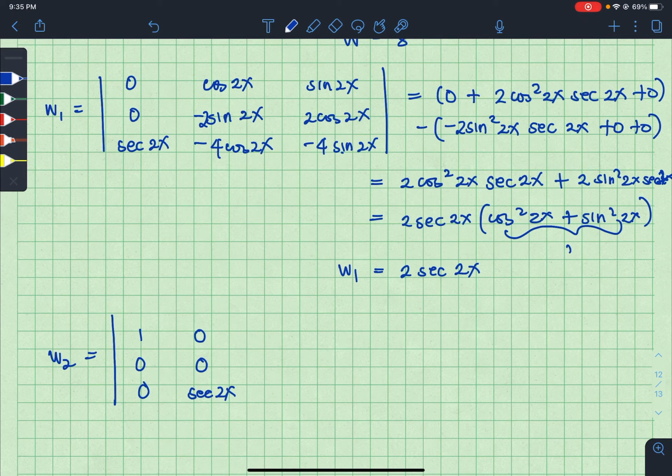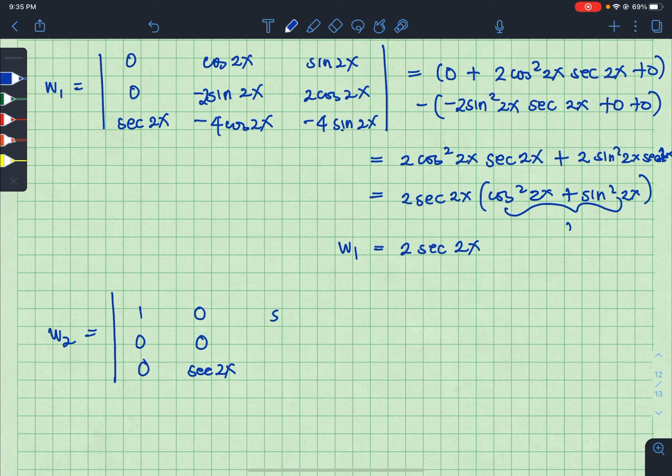As you can see, the more zeros that we have here, the lesser the complexity of our solution. Then for our third column, we have sine 2x, 2 cosine 2x, negative 4 sine 2x. So the first one is 0, second is 0, the third is 0. So it's all in all 0.